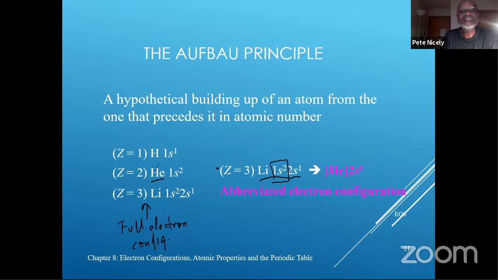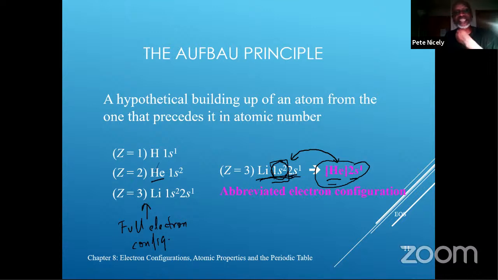So basically, to get the abbreviated version, we replace the 1s2 here with the symbol for helium in square parentheses, right? So this is the same thing as 1s2, all right? And then we write down what is left after that, which is 2s1, and that goes here. So this here is the abbreviated version, right? While this here is the full electron configuration, all right?